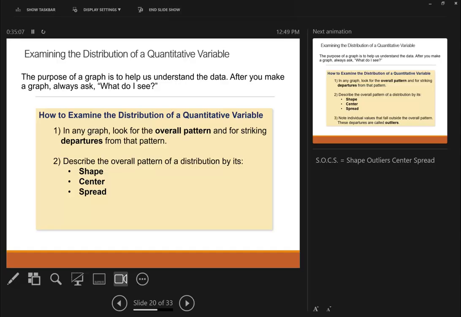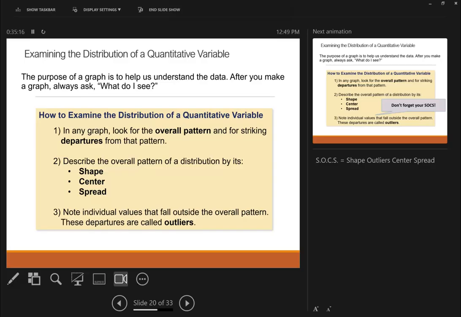We'll talk in a moment about what shape, center, and spread mean in a little more detail. When we talk about departures, we're talking about outliers, values that seem very far from the rest of our data. Again, as we move further along, we'll talk about how to numerically identify outliers.